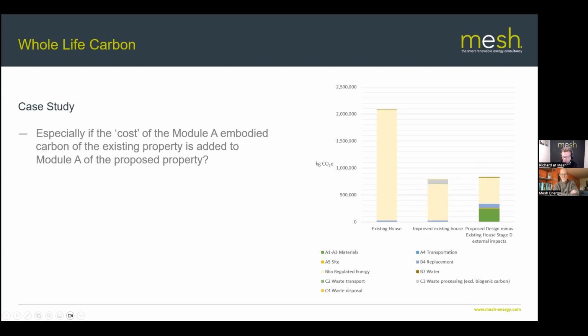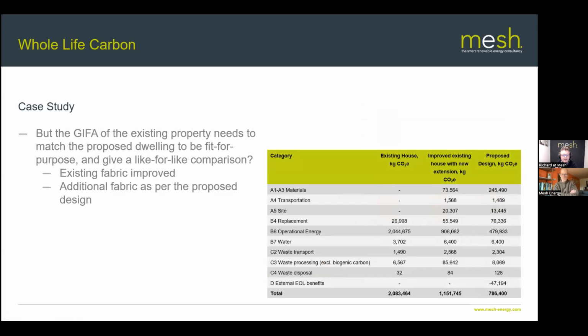And if we were to demolish and rebuild and put in state of the art renewable technologies and really go for fabric first and so on and so forth. But at the same time, the gross internal floor area of the existing property would need to match the proposed dwelling to be a fit for purpose property, and we'd need to do a like for like comparison with that.